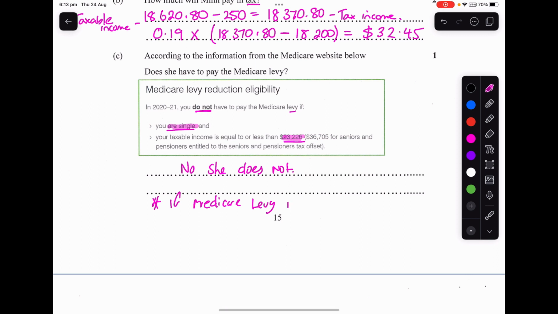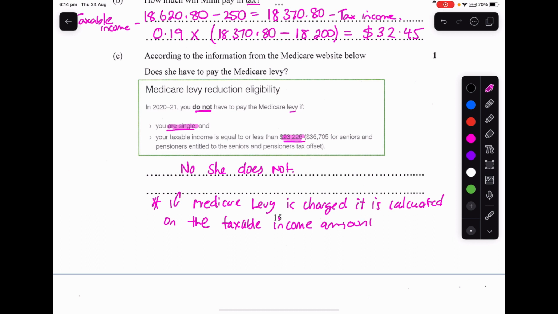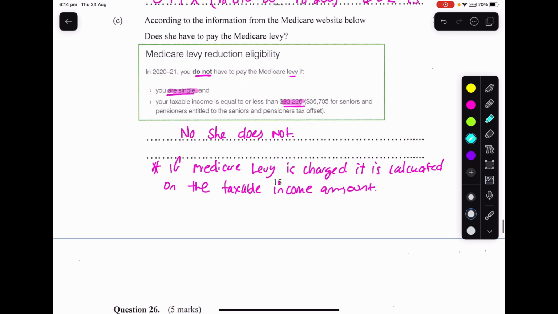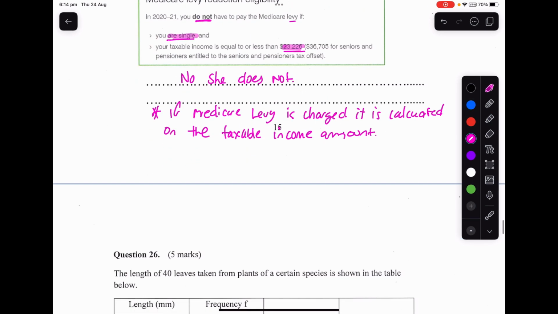Medicare levy is calculated on the taxable income amount. So for her, that taxable income amount would be the $18,370.80. Okay, so just if you have to do that in one of your questions.